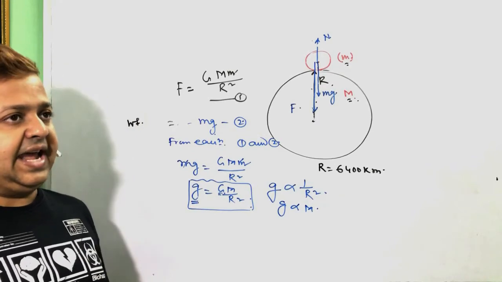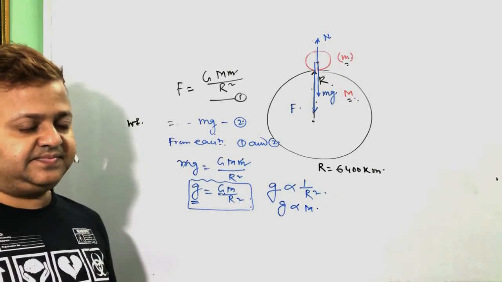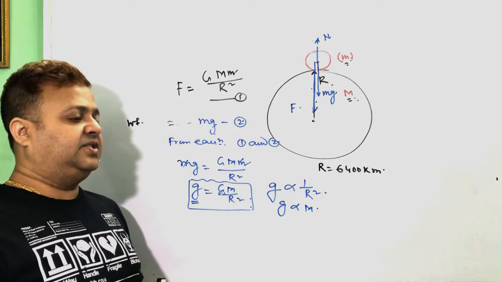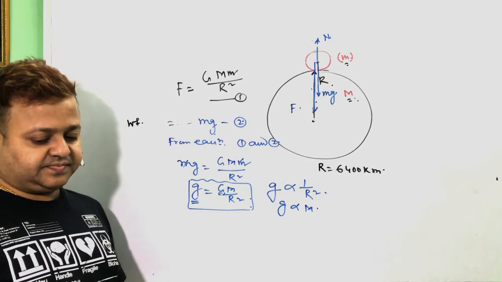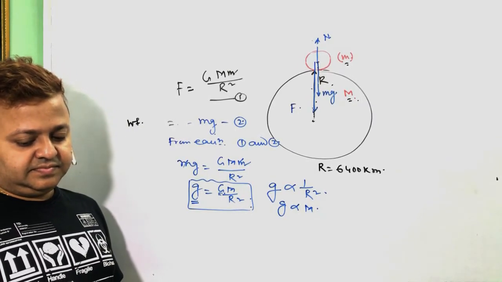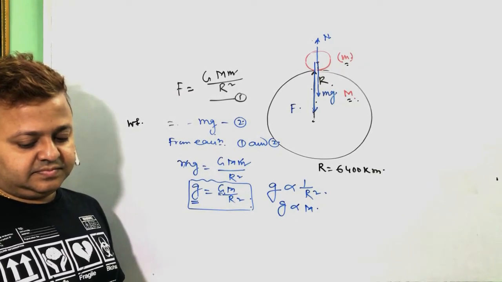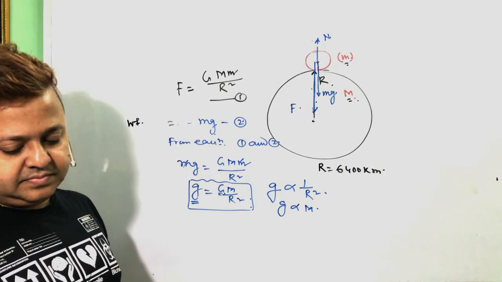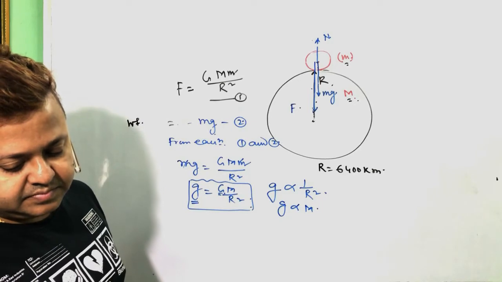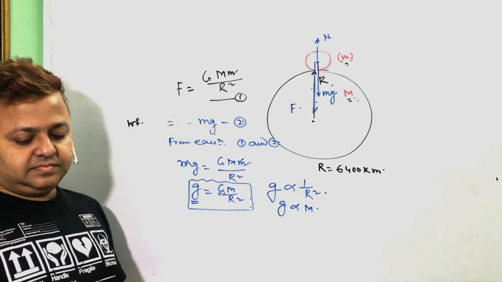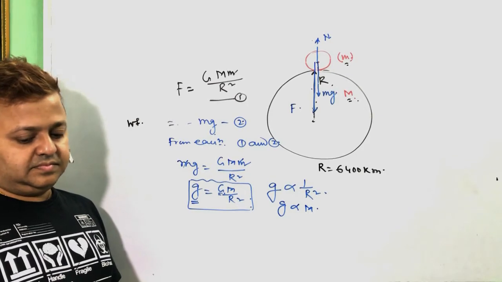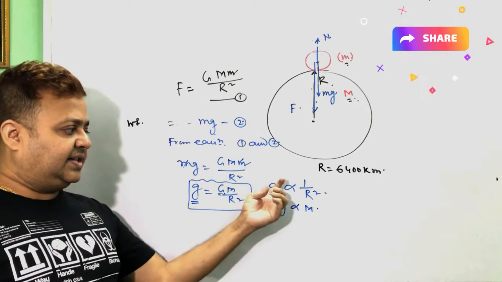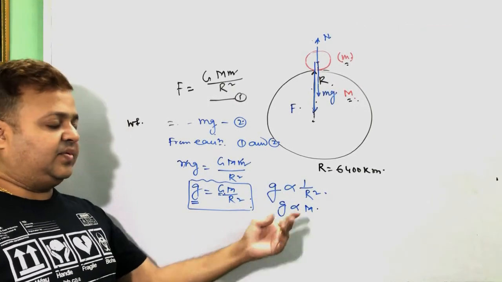This is the relation between acceleration due to gravity and the gravitational constant. So the acceleration due to gravity is inversely proportional to R square and directly proportional to the mass.